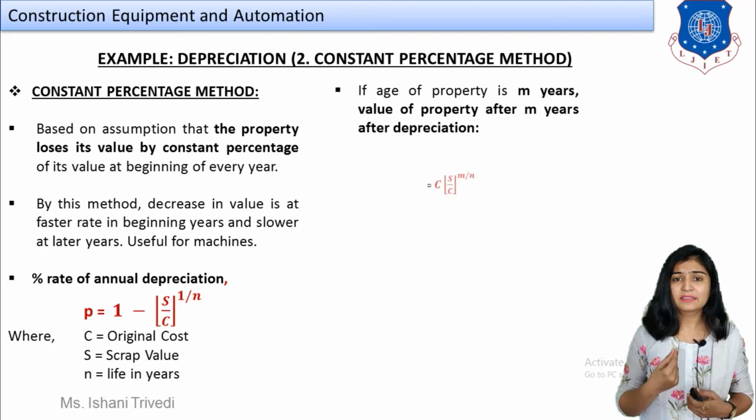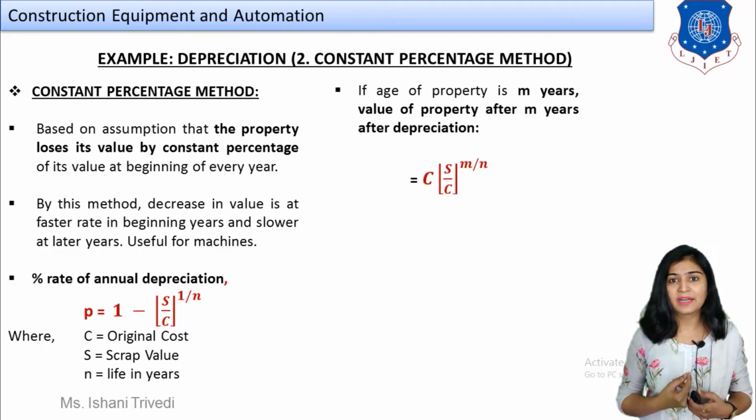Next we also have one more formula regarding this. Likewise, as in the straight line method, if the total useful life for an equipment is 6 years but you want to calculate at 3 years, then your value of m is going to be 3 years.